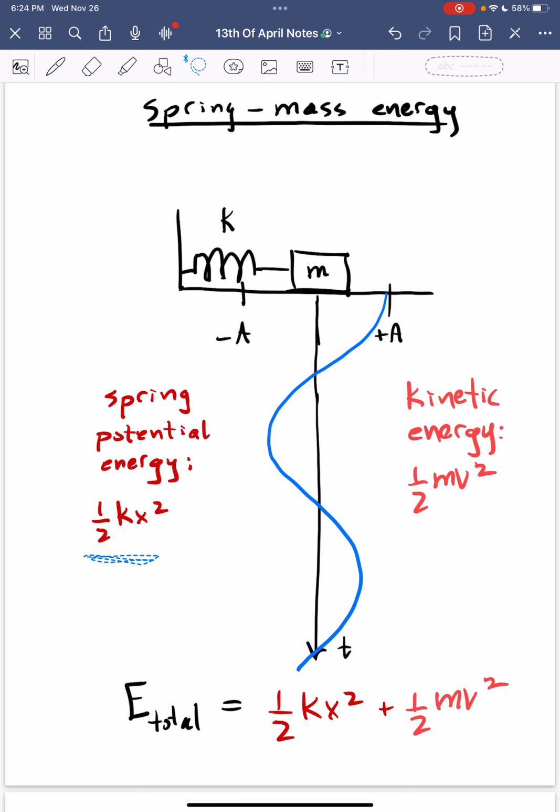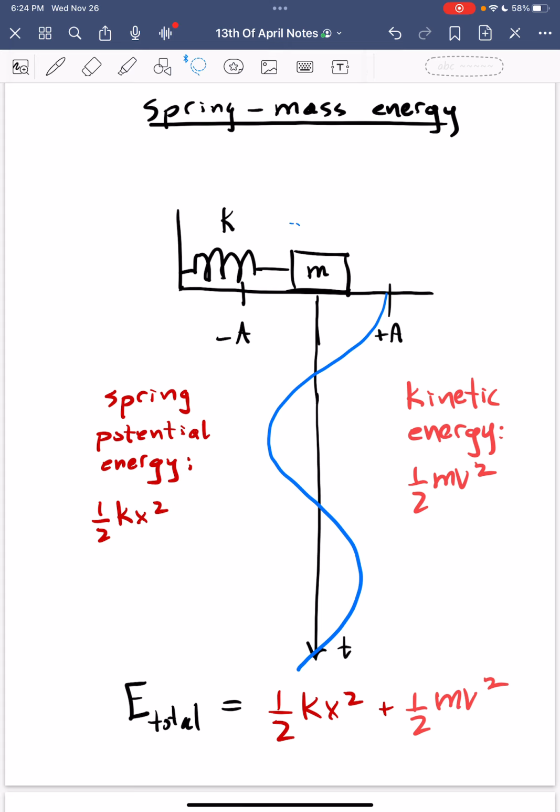Likewise, if I compress the spring by taking the mass and moving it over to here to minus A, that also will be a deviation from the 0 point. And that compression of the spring will also give elastic potential energy equal to 1/2 Ka squared in that case. So when the spring is at its greatest extent, either positive A or minus A, the mass is just at a turning point. It's going out and then it's coming back.